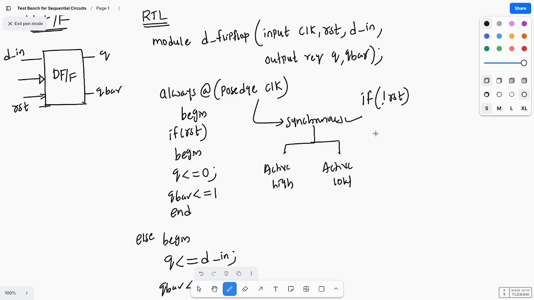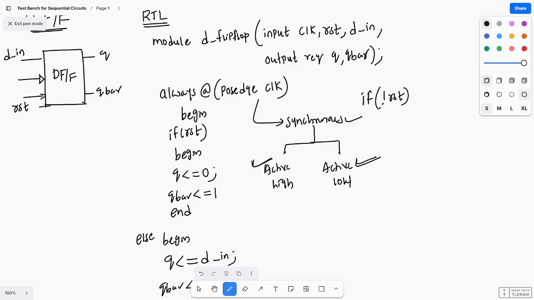Both are synchronous with the clock. If you give if reset, this is active high, when reset equal to 1. If we give not of reset, this is active low.